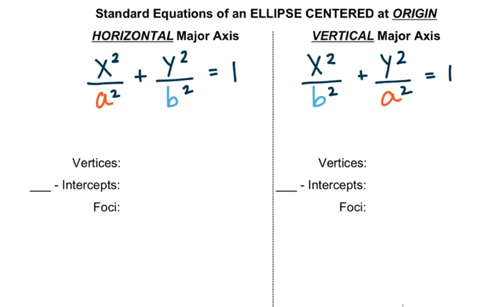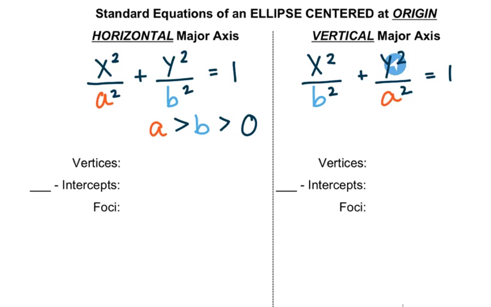Now, it's very important that we recognize the difference in these two values, and this is always going to be the situation. a is larger than b, which is larger than 0. So these have to be two positive numbers, and the larger number being under x means it's horizontal.